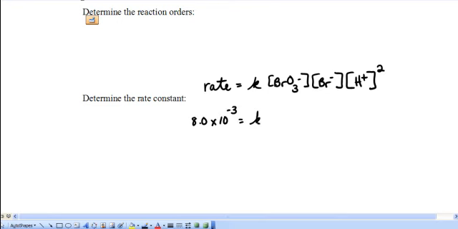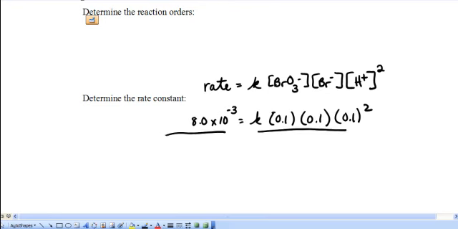That's going to equal K times 0.1 times 0.1 times 0.1 squared. And now if we divide both sides by all of those 0.1s, we have 0.1, 0.1, and 0.1 squared.